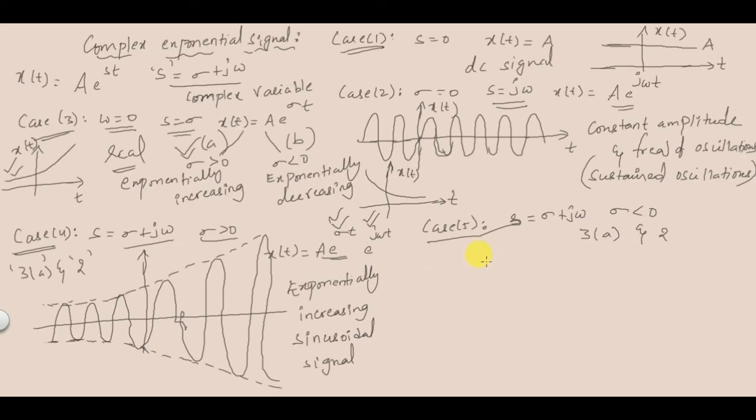So in this case also, what will we get? First of all, we have to draw this signal, exponentially decreasing signal, and its replica. If you draw this signal, it will be like this.